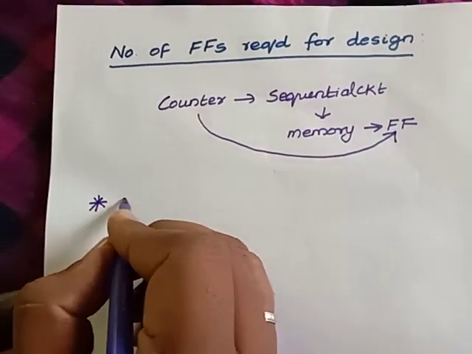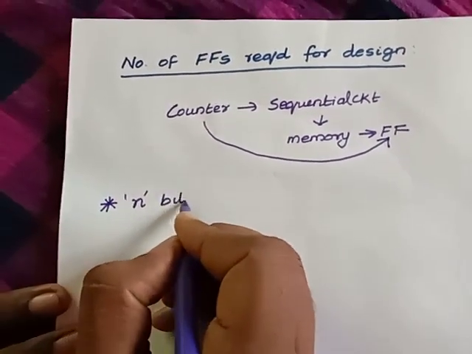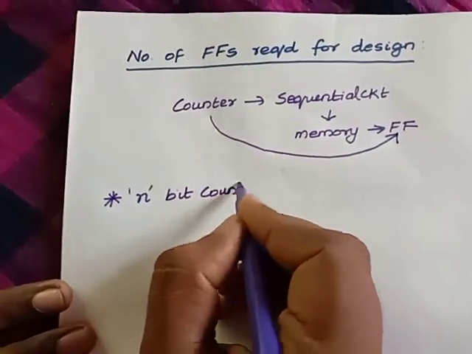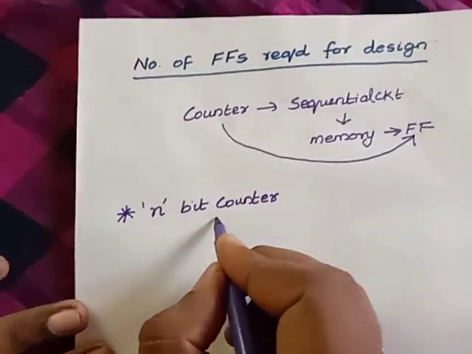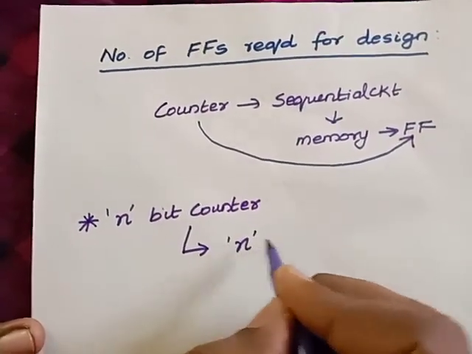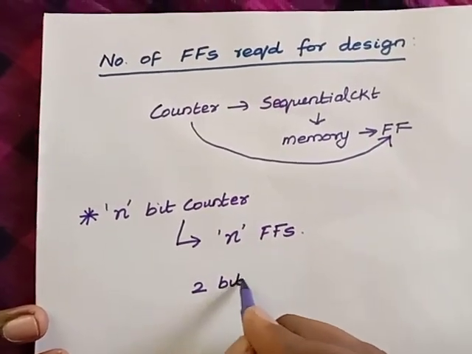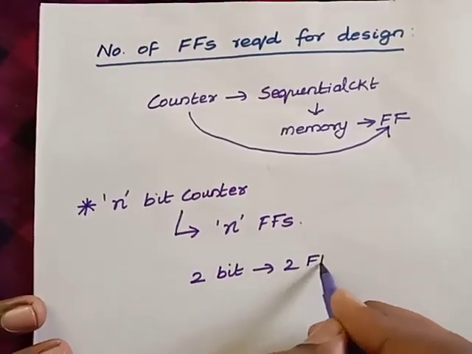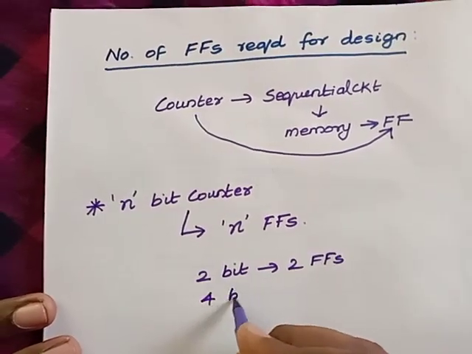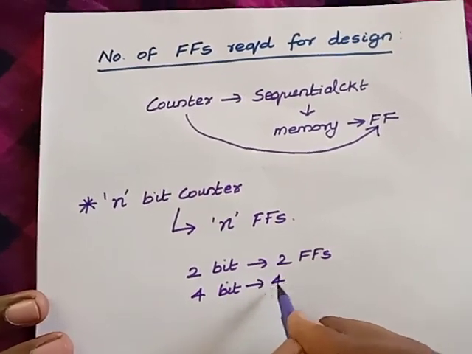Now, in the first case, if you are using an n-bit counter, you require n flip-flops. That means a 2-bit counter requires 2 flip-flops, 4-bit requires 4 flip-flops, and so on.